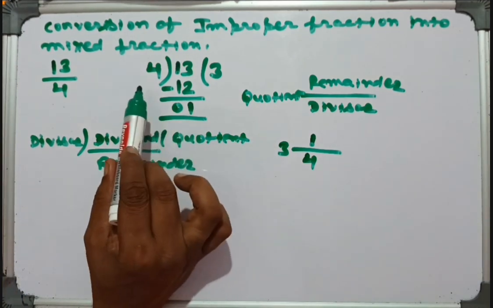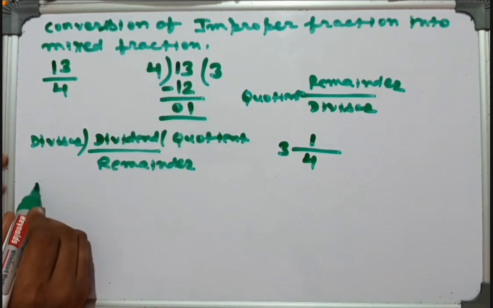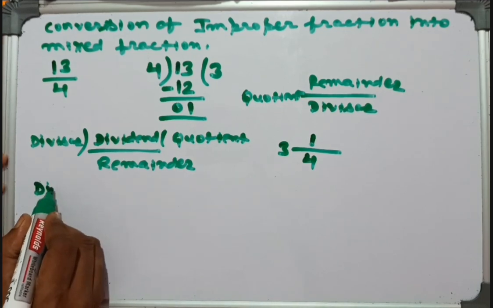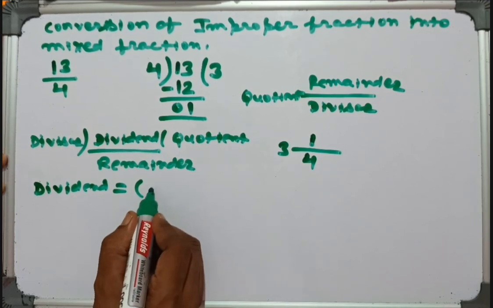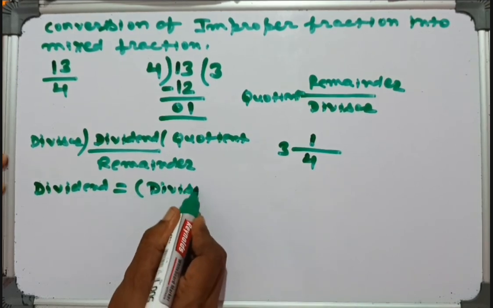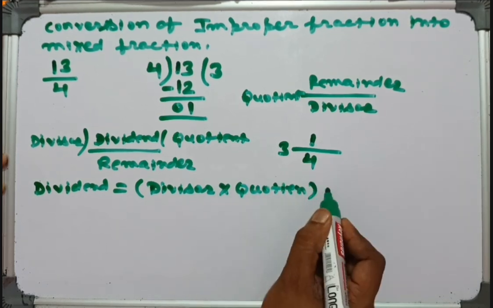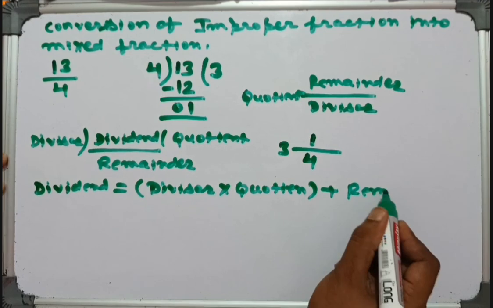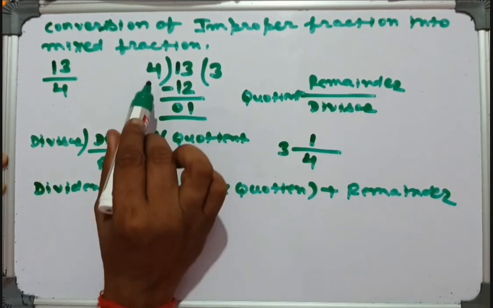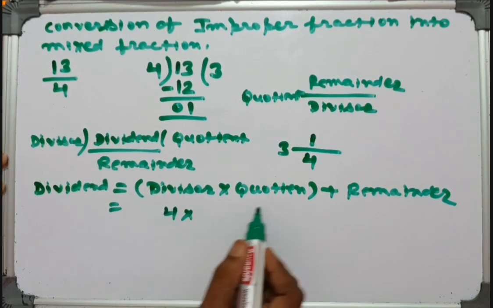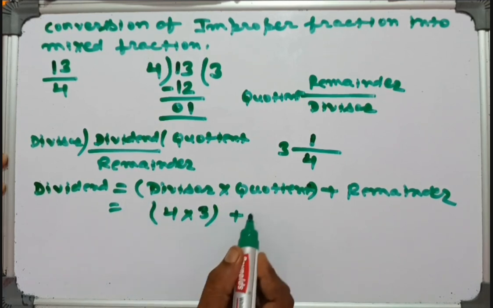You can check whether your answer is correct or not by this method also: dividend equals divisor into quotient, plus remainder. In this case 4 is the divisor, the quotient is 3, and the remainder is 1.